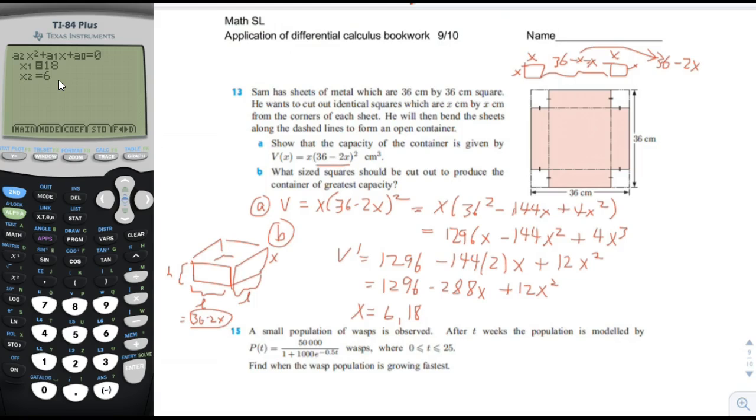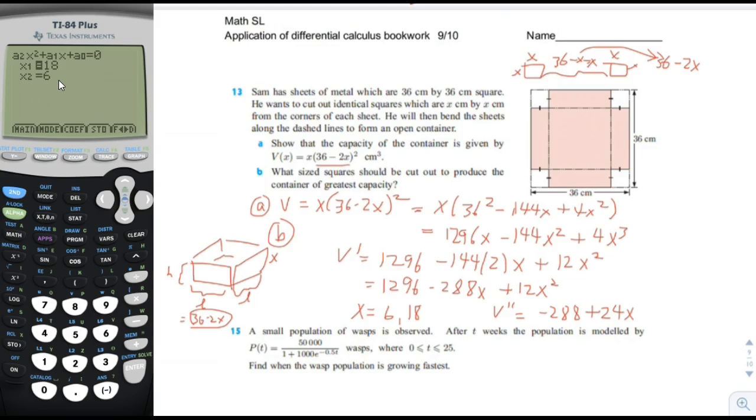Now, which one of those is going to be the maximum? Which one is going to be the minimum? We would have to maybe take the second derivative to find out. So the second derivative is going to be negative 288 plus 24x.